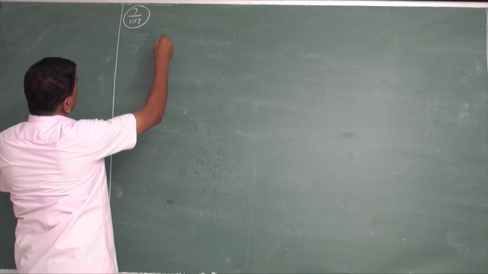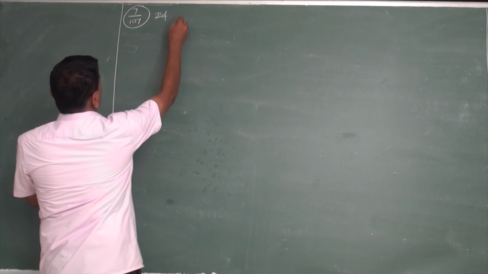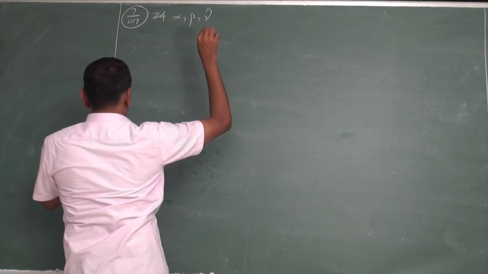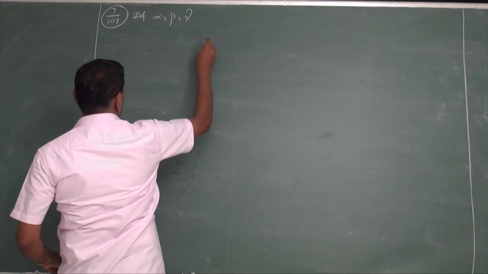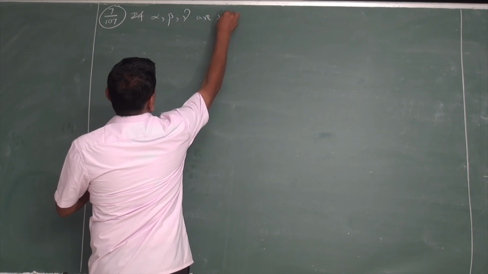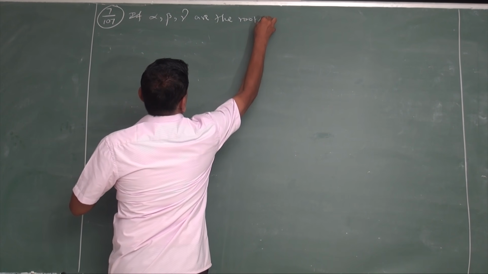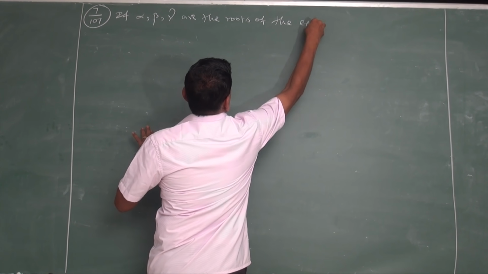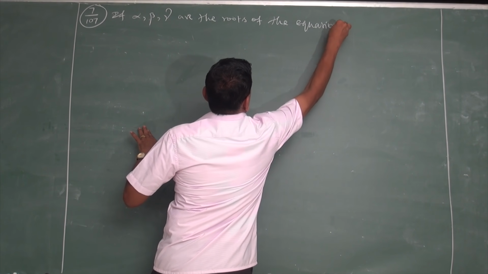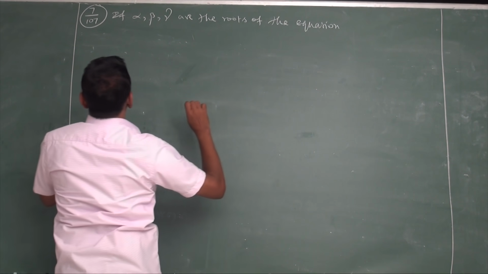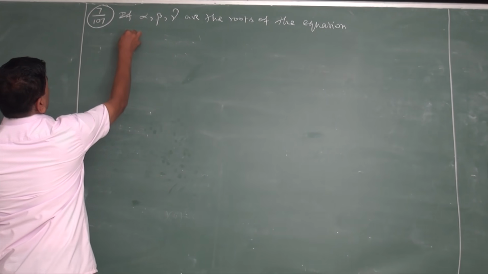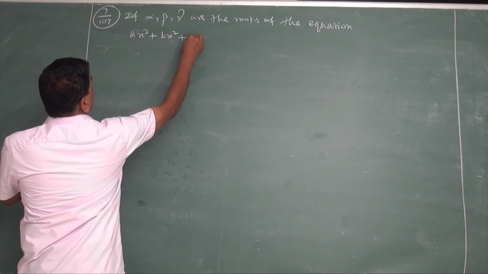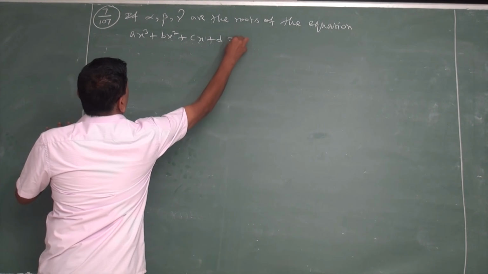The question is, if alpha, beta, gamma are the roots of the equation ax cube plus bx square plus cx plus d equal to 0.